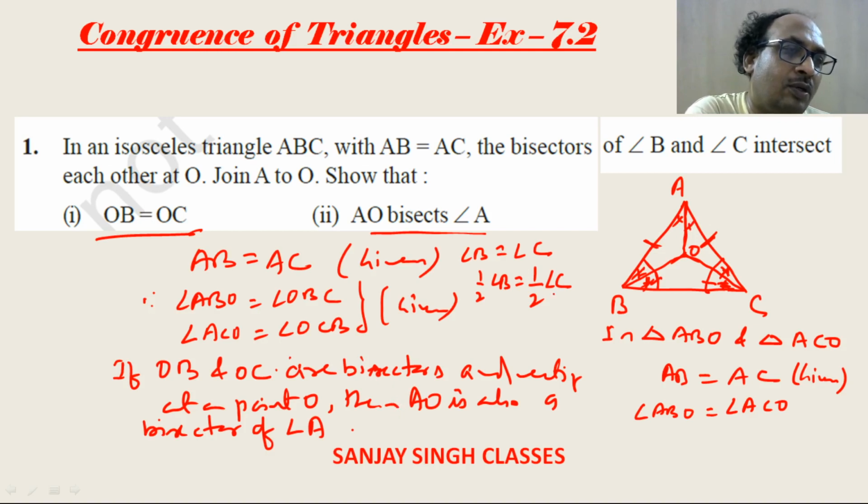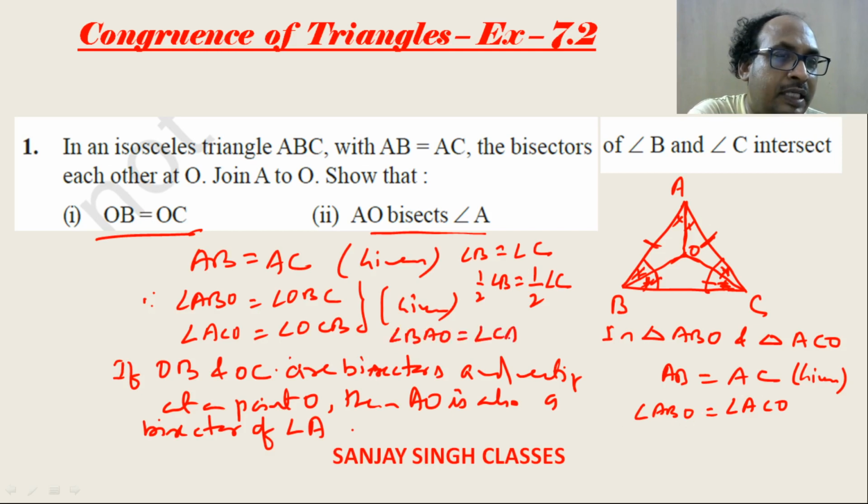So what we have seen here is that AB is equal to AC, already we have proved. Then we can go for half of angle A. So we can say that angle BAO is equal to angle CAO also. That also we can write. So let us write that one.